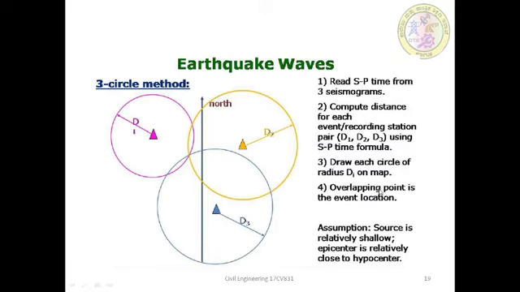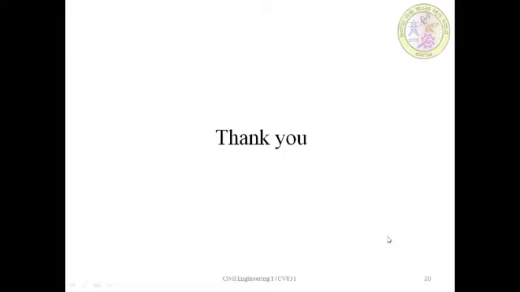The overlapping point of all three circles is the source of the epicenter, or close to the hypocenter. Like that, the hypocenter is to be calculated. These are some few possible numerical examples.